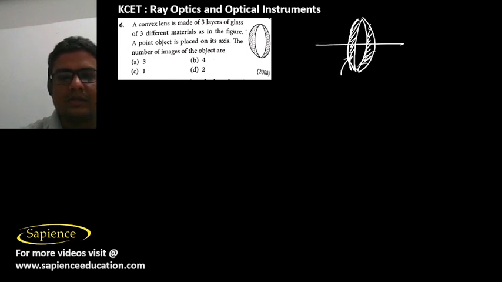The refractive index of this part is mu1, for this part it is mu2, for this part it is mu3, suppose. The point object is placed on its axis. The number of images of the object formed is how much?